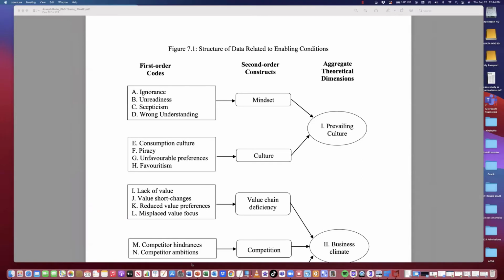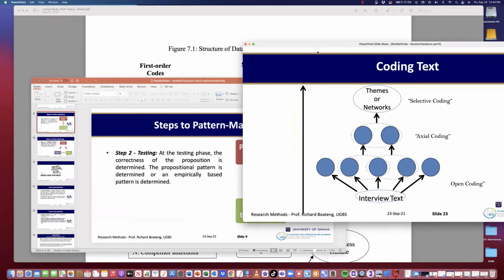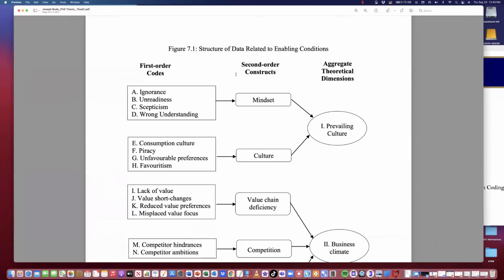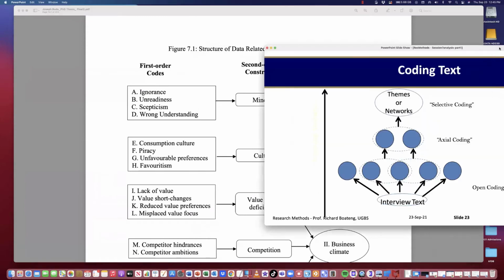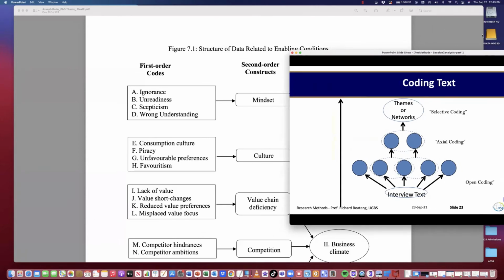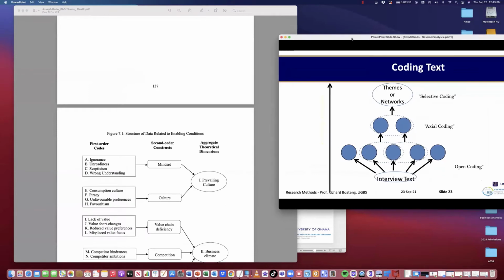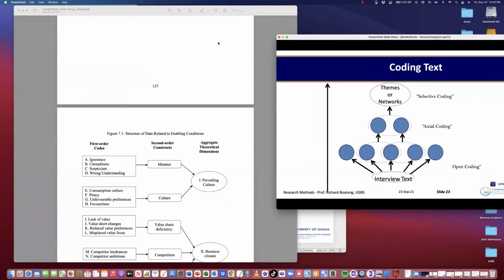Okay, now let me show you something right now. I want to show you something. What is the difference between these two? It's not the same thing. Those of you who can see, can you answer? Can you see what I'm talking about?